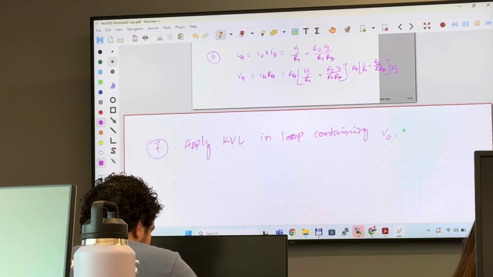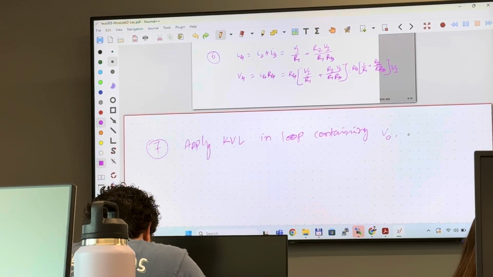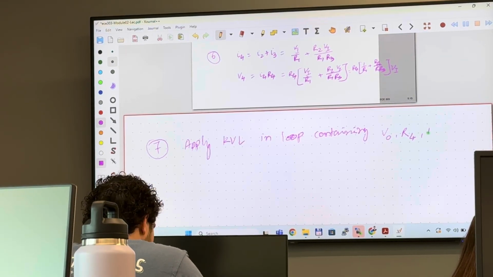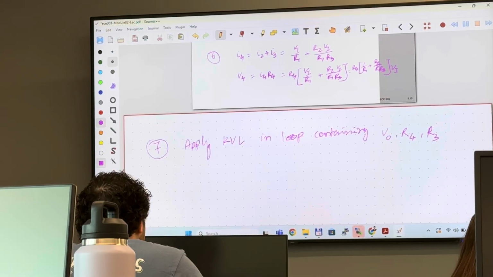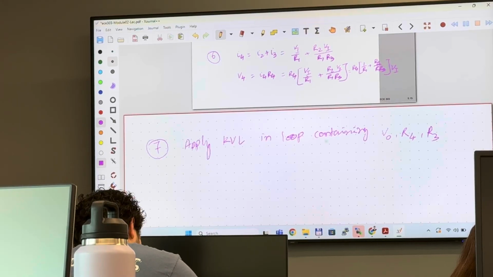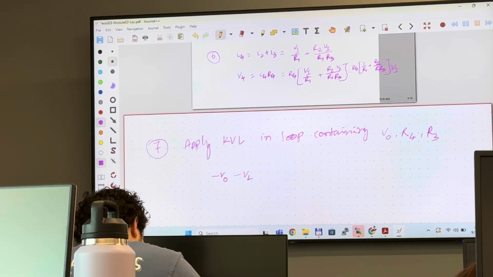V naught, R4, R3. These are actual components, right? So apply KVL in the loop containing V0, R4, R3. What do you guys see? Negative V0, negative V4, negative V3 equals 0.